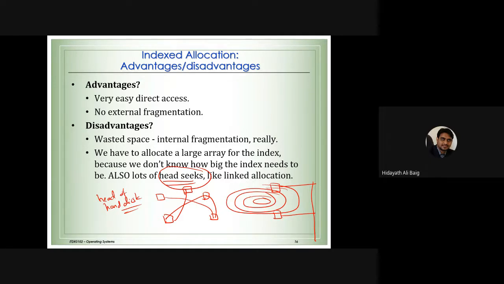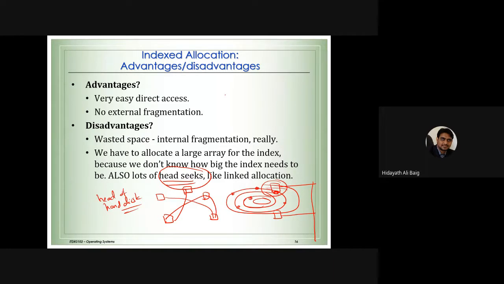If I want to find data from this cylinder, the disk has to rotate and come under the head, and then only can it read the data. Some part here, some part there, means the head has to keep moving to identify the data, which means it is going to take more time.